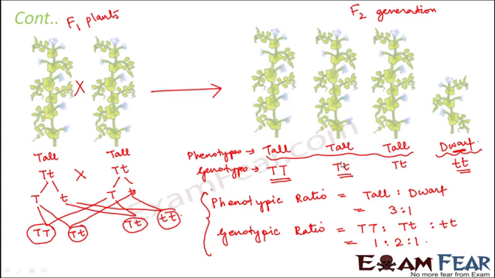So this is how Mendel's experiment was concluded. This is where Mendel concluded quite a few things. He concluded the concept of phenotype and genotype, and he found out how traits were being inherited. Based on this experiment, he gave quite a few rules of inheritance. We are going to talk about those rules now one by one.